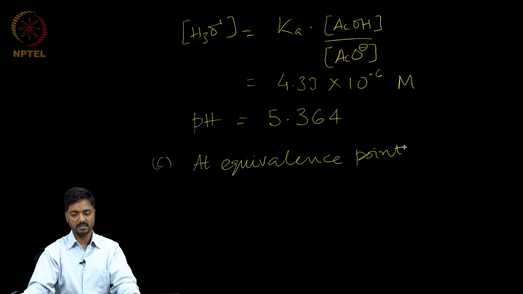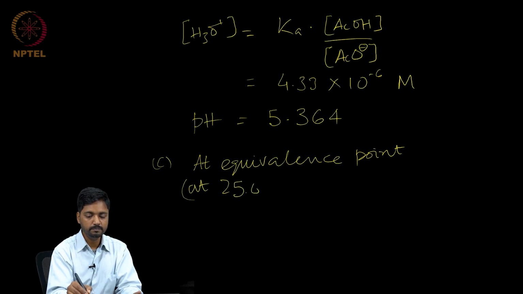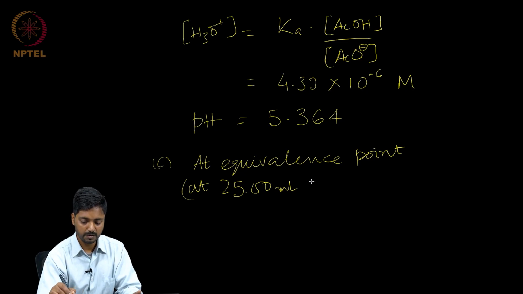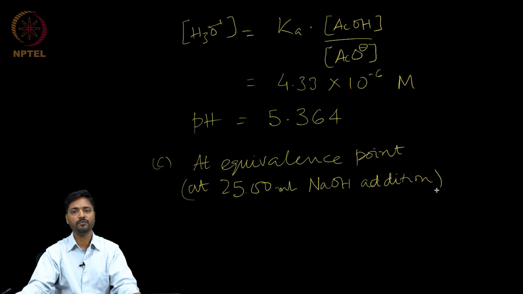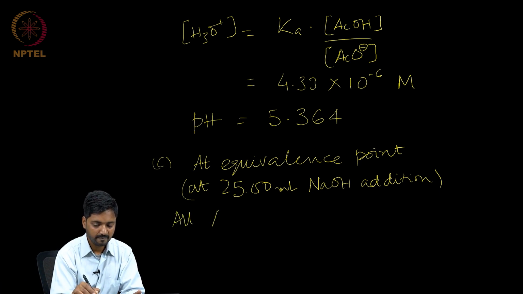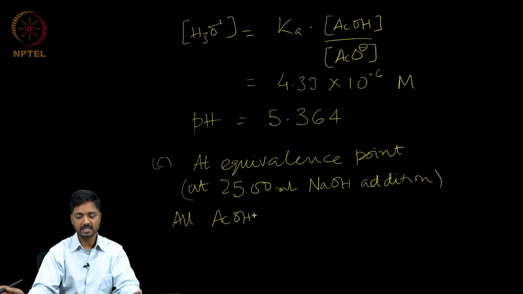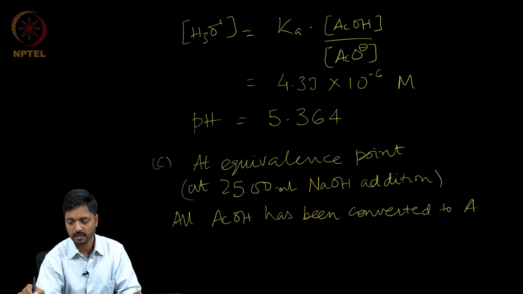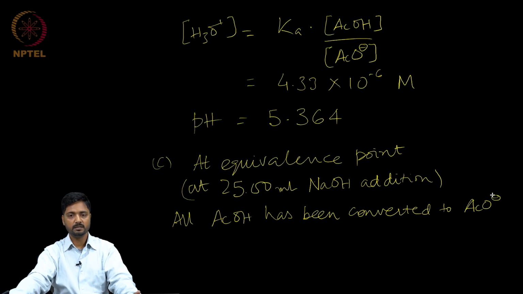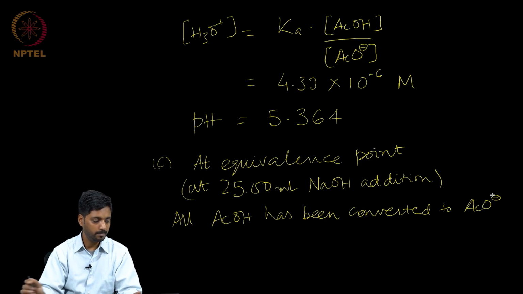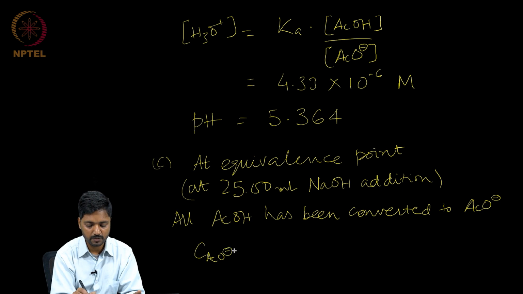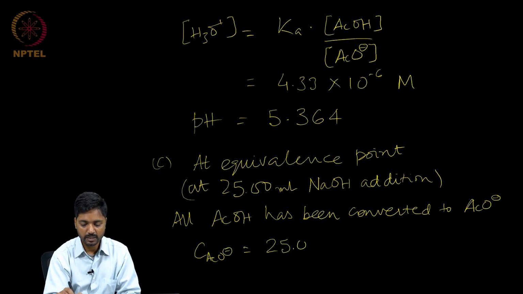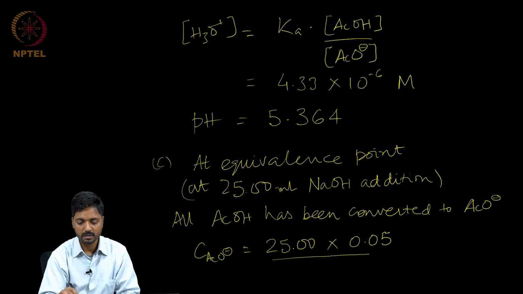At the equivalence point, that is at 25.00 ml sodium hydroxide addition, we will have all the acetic acid converted to acetate anions, and the pH of the medium will now depend on, first, the concentration of acetate anions, which will be nothing but 25 into 0.05 divided by the total, now 50.00 ml.